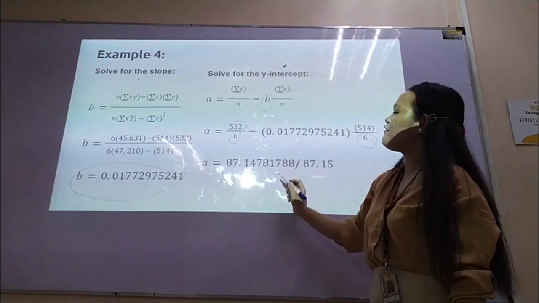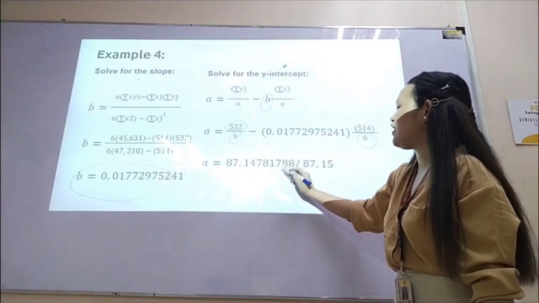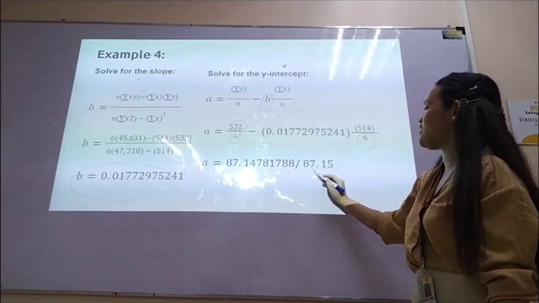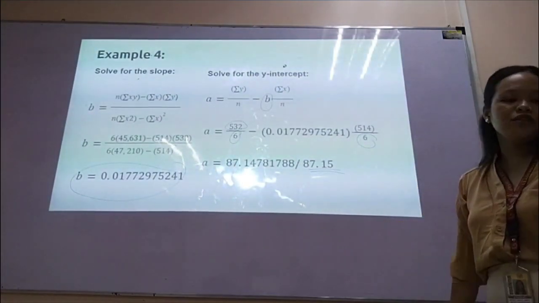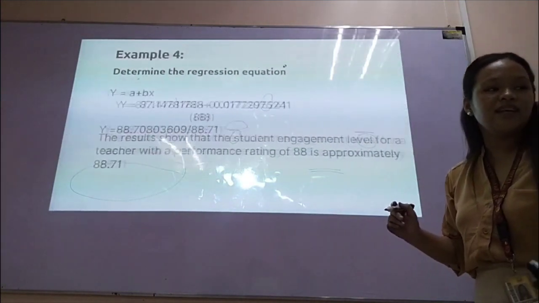So we're going to arrive at the answer 87.14781788, or simply 87.15.